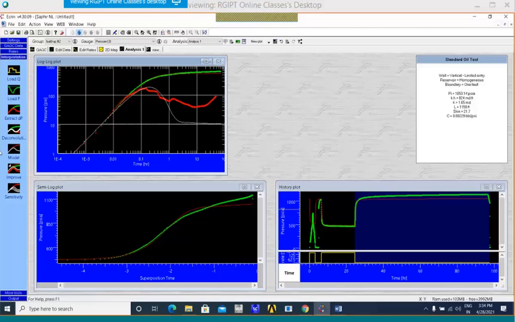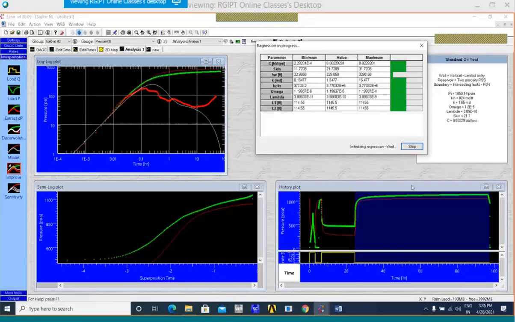It's not working. It is showing me constant.